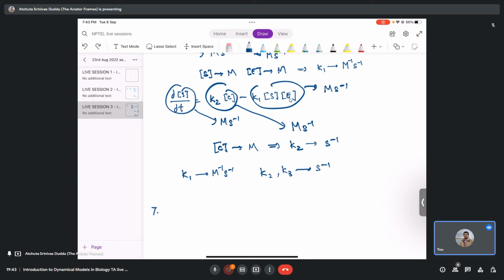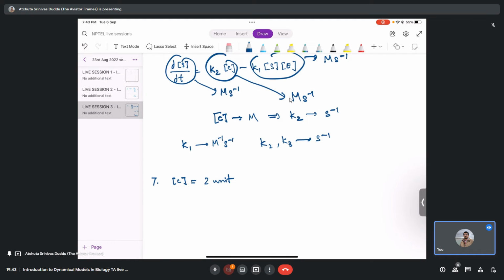But here we already know the steady state value of the complex. The steady state value of C is already given as 2 units. So even though they say it follows, we do not require the formulation to find the rate of product formation, since we already have the steady state value of the complex. If we do not know that, then we write it in the other form to estimate our rate of product formation. But here it's quite straightforward.